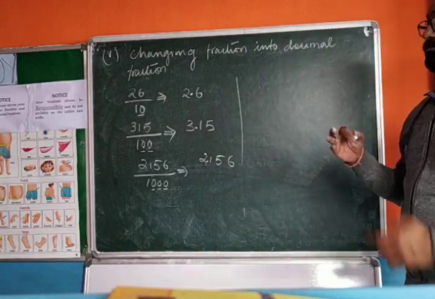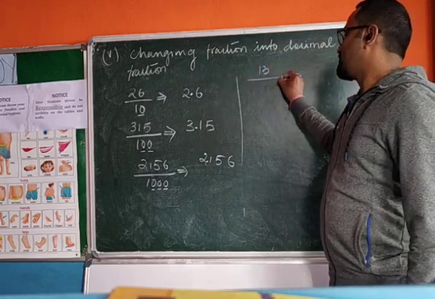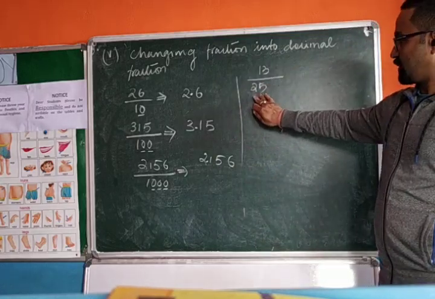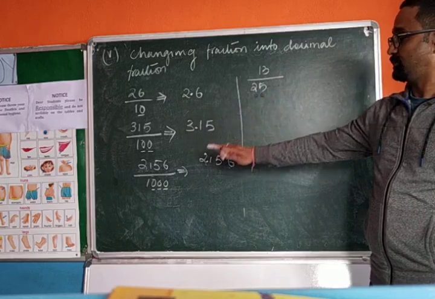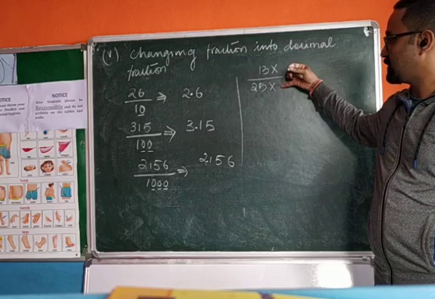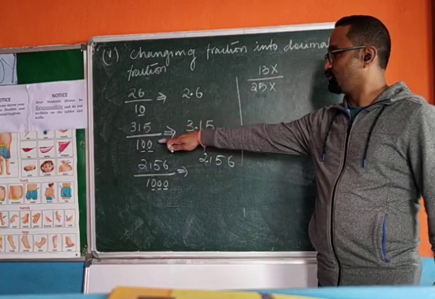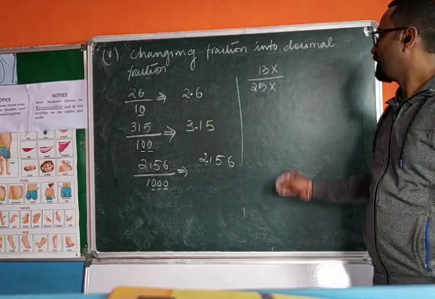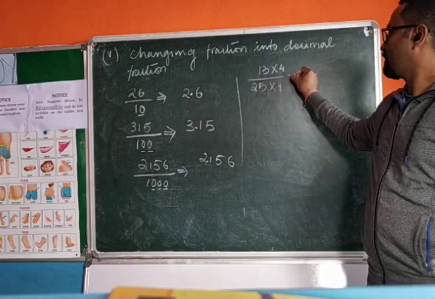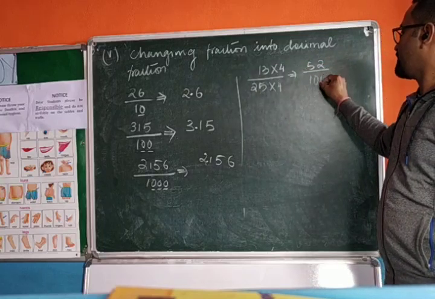Another example when the denominator is not 10, not 100, not 1000. 13 divided by 25. The denominator is neither 10, 100, nor 1000. So you need to multiply both numerator and denominator by a suitable number, such that the denominator gets converted to 100, 1000, etc. So we multiply by what number? 25 times 4 is 100. 4 times 13 is 52, so 52 divided by 100.